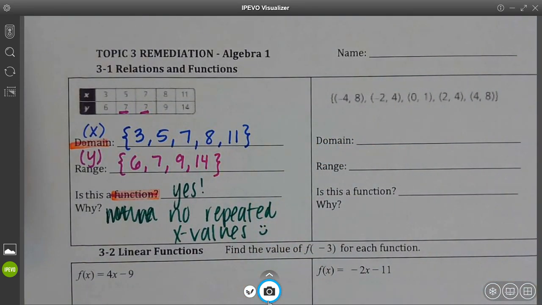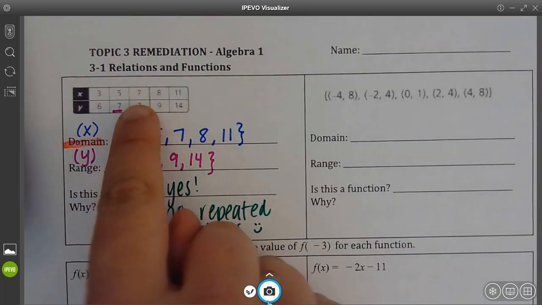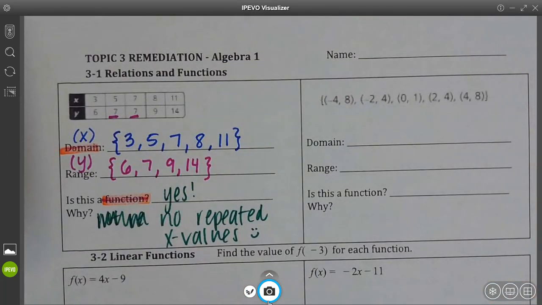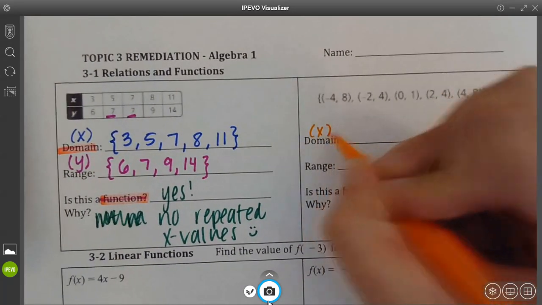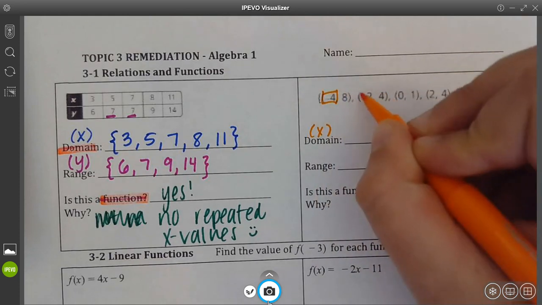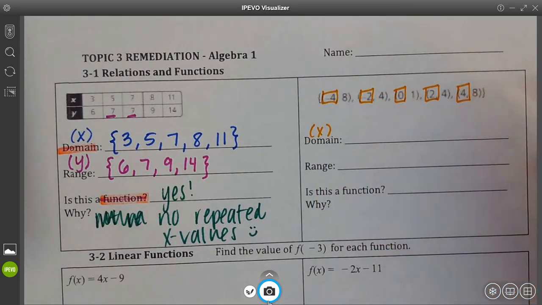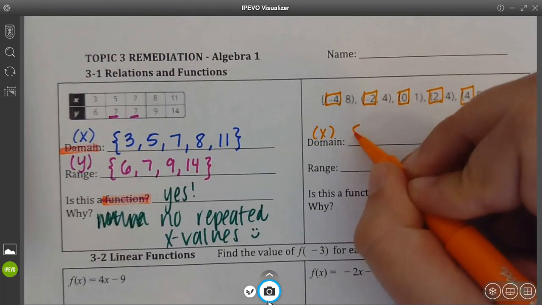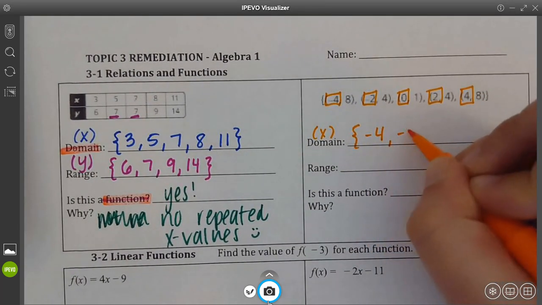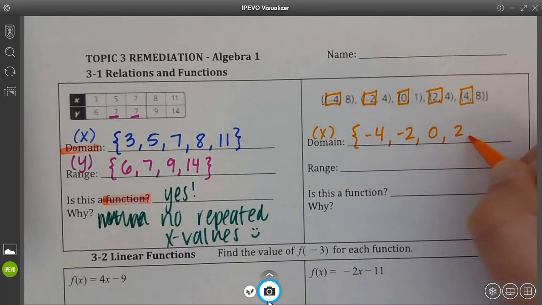Now, the second problem, same thing, except now instead of a table, we're given a list of ordered pairs. So remember, domain is x, and our domain is the x coordinate of each of these points. I'm going to make a list: -4, -2, 0, 2, and 4.